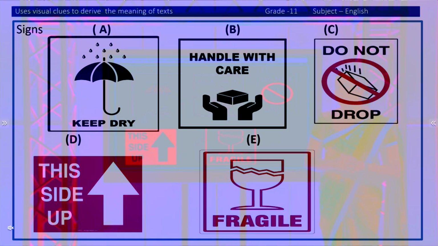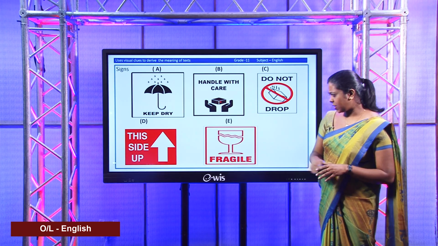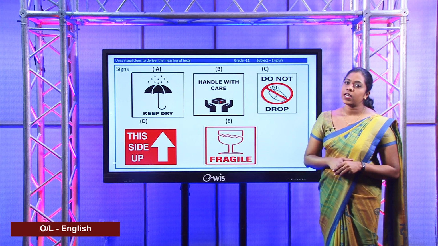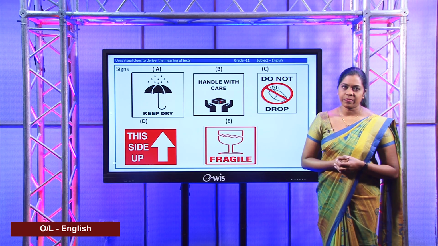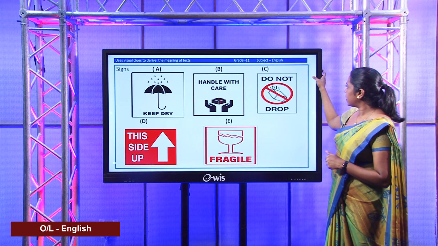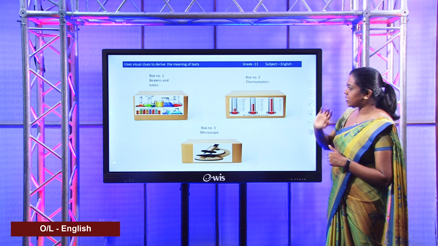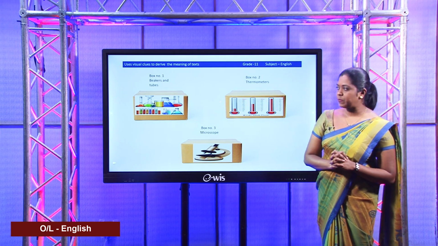What do you mean by fragile? From the visual clue, you can understand that it shows a broken glass. So fragile means it can break. Right? Okay. Let's move on to the next slide and see what you have arranged in the boxes.